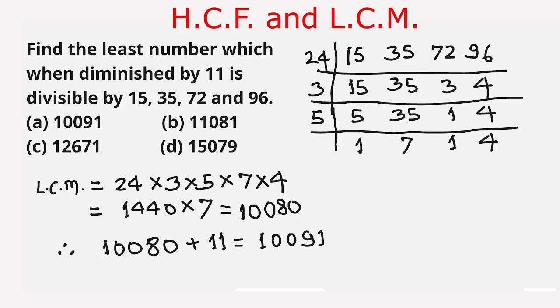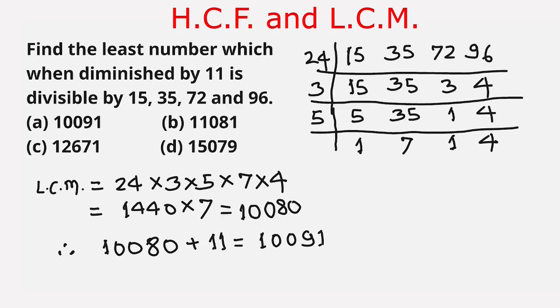We add 11 because on dividing this number by 15, 35, 72 and 96 it must leave the remainder 11, or on subtracting 11 from this number, the number must be divisible by these numbers.